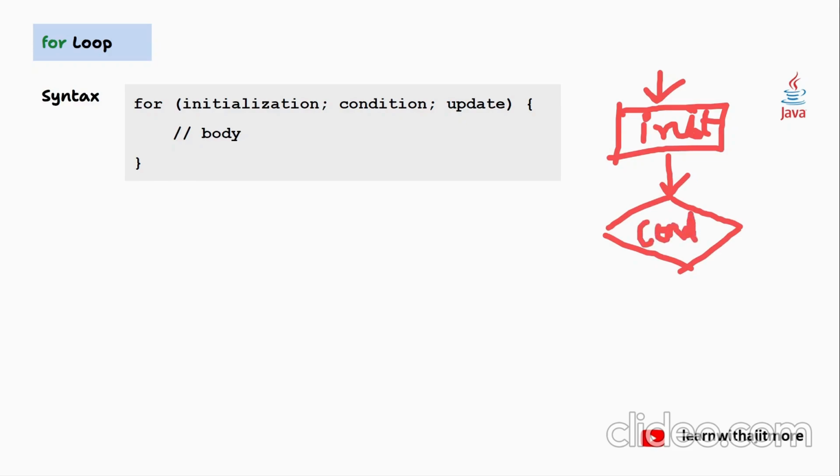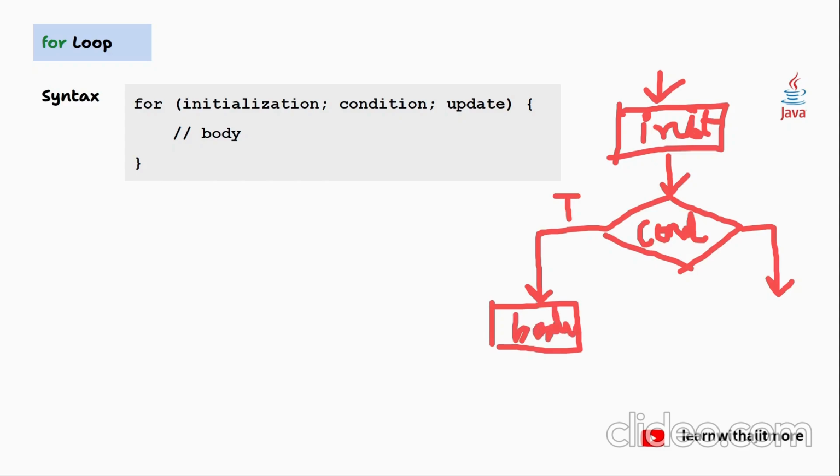And what is the outcome of the condition? Only two things, true or false. So if it is true, it is going to enter the loop body and perform that body. Okay? They are the statements, so that body is performed. And after performing the body, it will come to this update part.